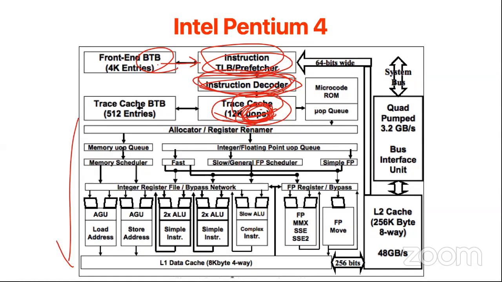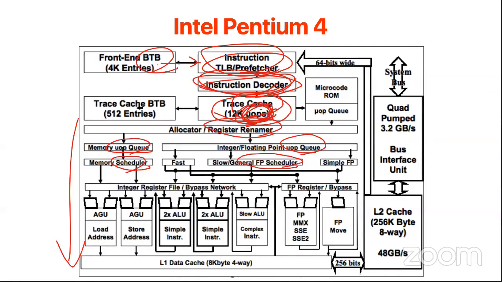So the rest, the back end of the processor, is a RISC processor, like ARM or better than ARM. Now if you look at the pipeline, this is the register renamer, so you know who they are. And you have a micro-op queue, which is the instruction queue. You also have a memory instruction queue, and they have the memory scheduler.